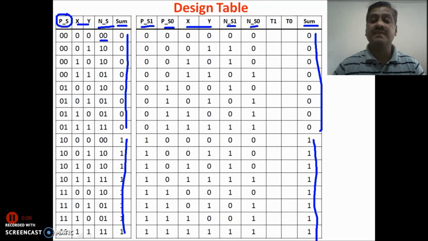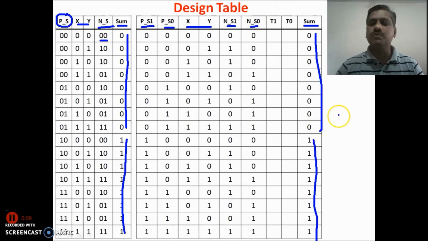Remaining things are the same. Now, what do we mean by the design table? In the design table, we are trying to find the excitation for a selected flip-flop. Here we have 2 next states, NS1 and NS0, which means in this case we need 2 flip-flops.